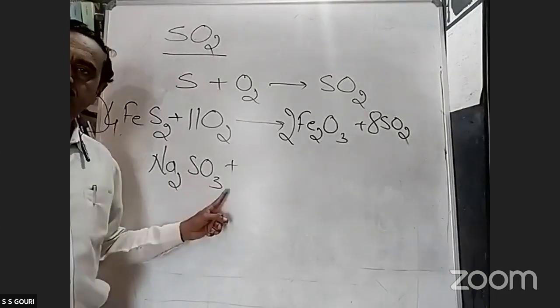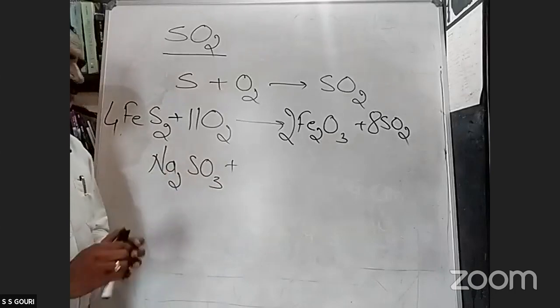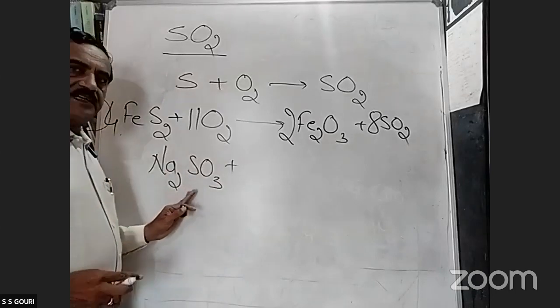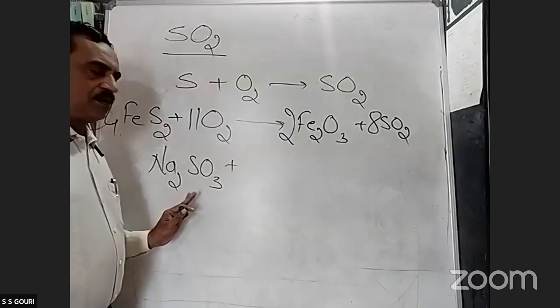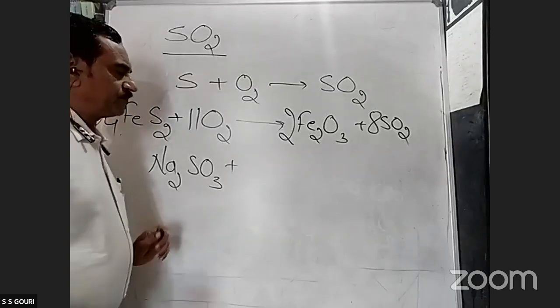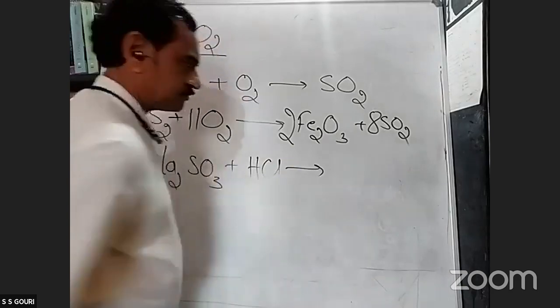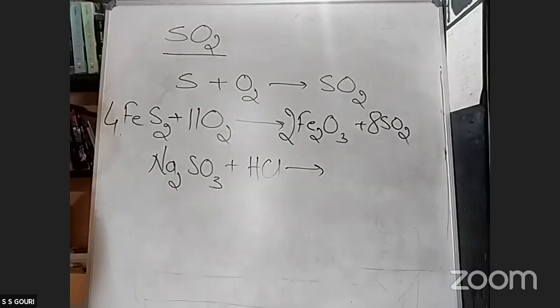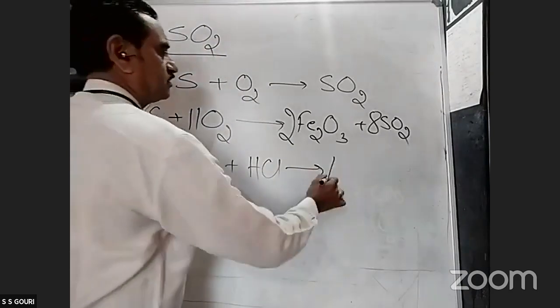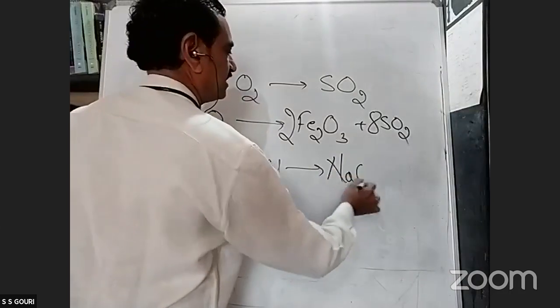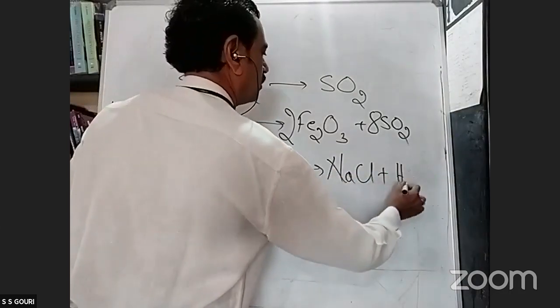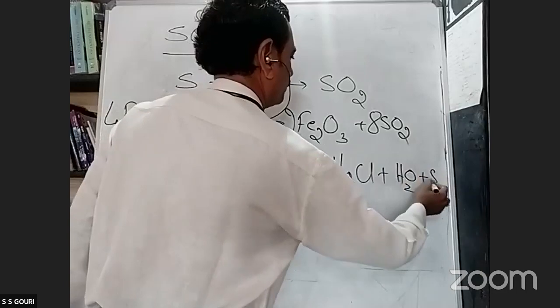Sulfate has SO4, sulfite has SO3. When sodium sulfite, a crystalline colorless solid, is made to react with HCl, hydrochloric acid, then NaCl, H2O and SO2 are formed.